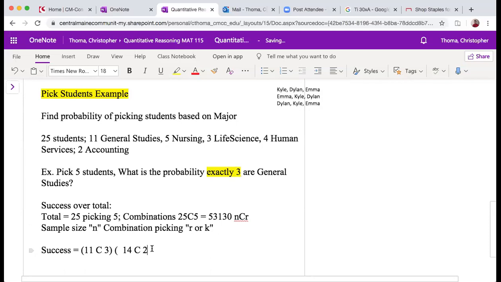Then I multiply these numbers together, and that gives me the total different ways of getting a success. On my calculator, I would do 11, hit my probability key, go over to C, 3, then times 14, probability key, C, 2, and I get 15,015. So there's 15,015 ways to pick exactly 3 general studies out of my class.